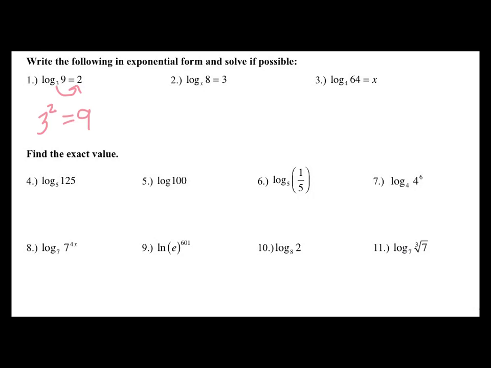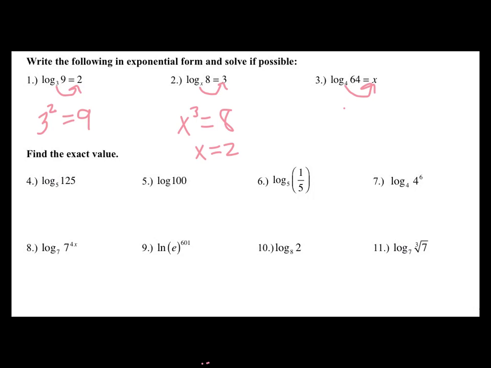So number 2, x gets moved over. So x to the third power equals 8. What would x be? What cubed equals 8? 2. Number 3, log base 4 of 64 equals x.